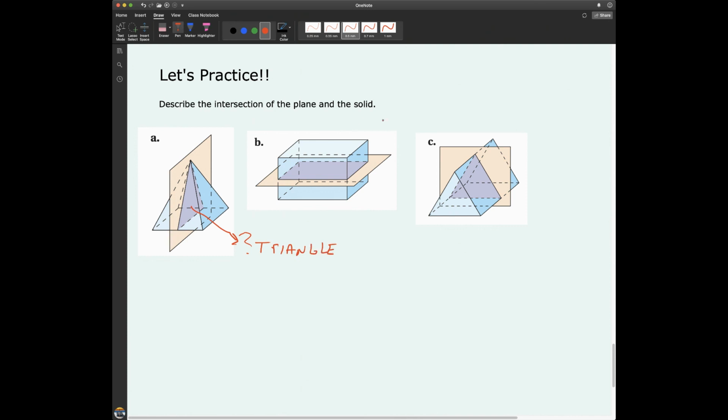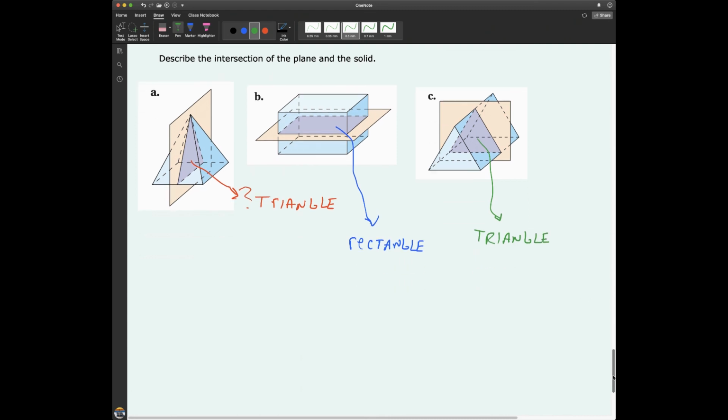And for B, the intersection of the plane and the rectangular prism is a rectangle. And for C, the intersection of the plane and the triangular prism is, I know, it's too easy, right? A triangle. That's all you have to do for this section, all right?